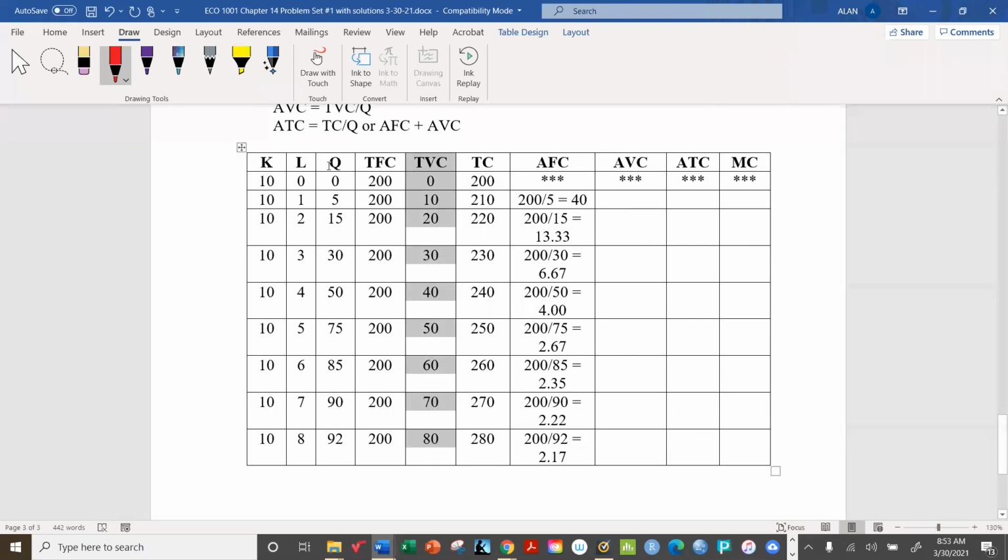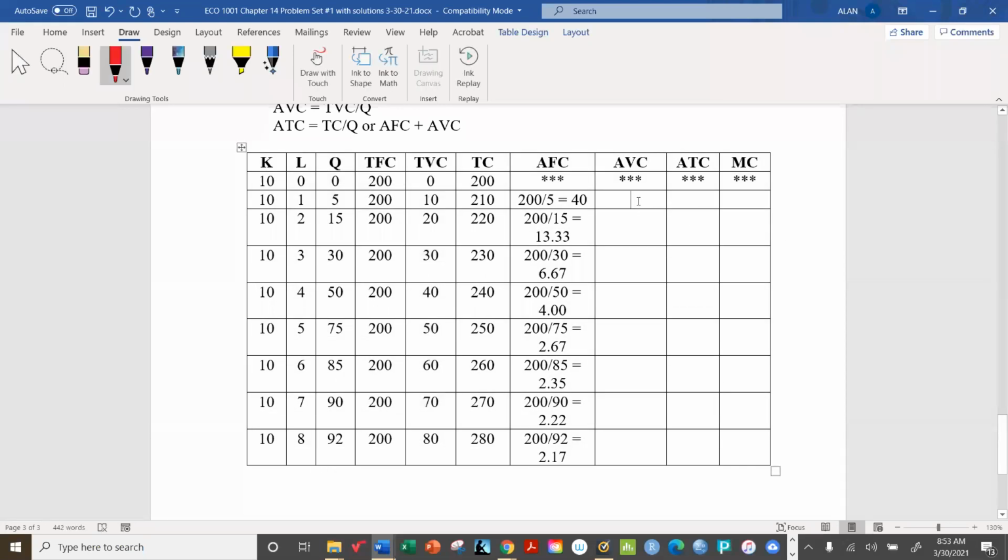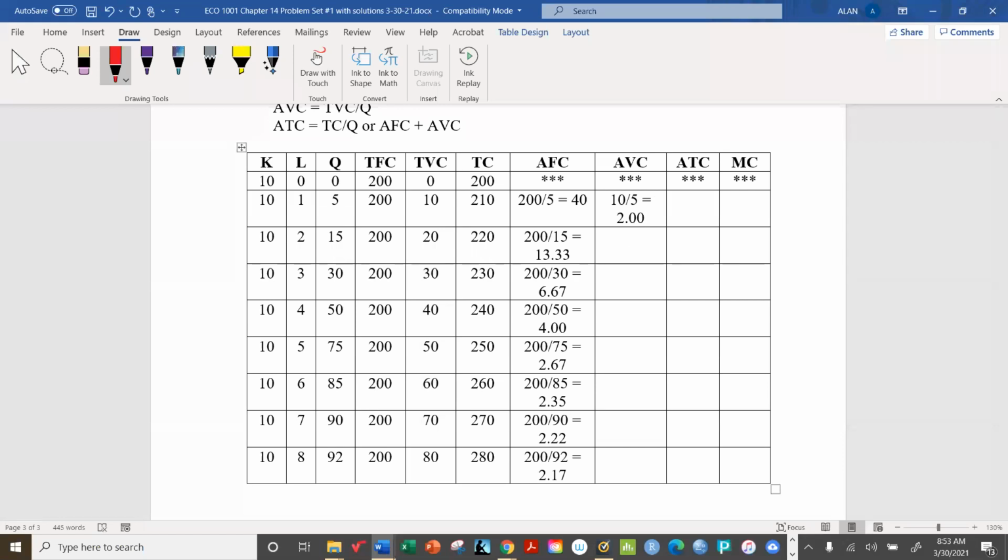But when it comes to the other two, now average variable cost, we're taking total variable cost and dividing by output. All right, so it's a little different now. So for example, in this first case, we have 10 over 5, which is 2. Then we have 20 over 15, which is 1.33.